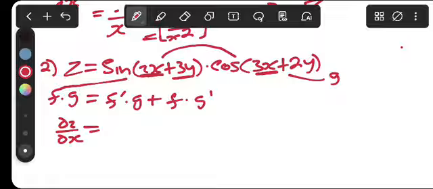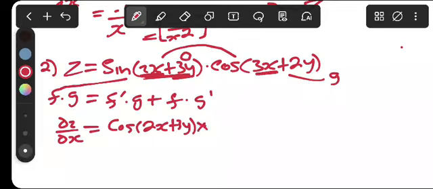Differentiating this will be cos of 2x plus 3y, multiplied by the product. Using the chain rule, we come to the inside. This one is 0, that one is a constant. Multiply this by 2, all right, multiplied by 2.